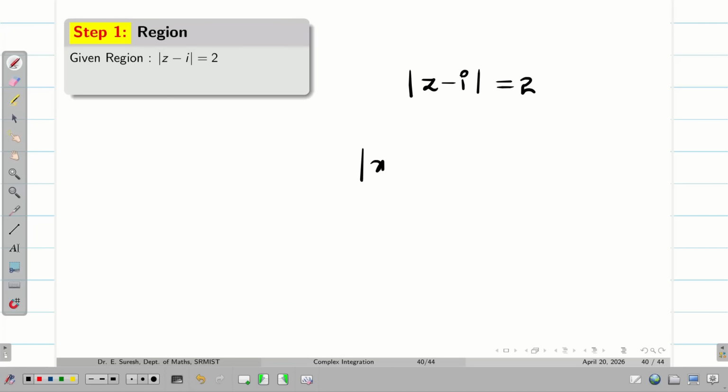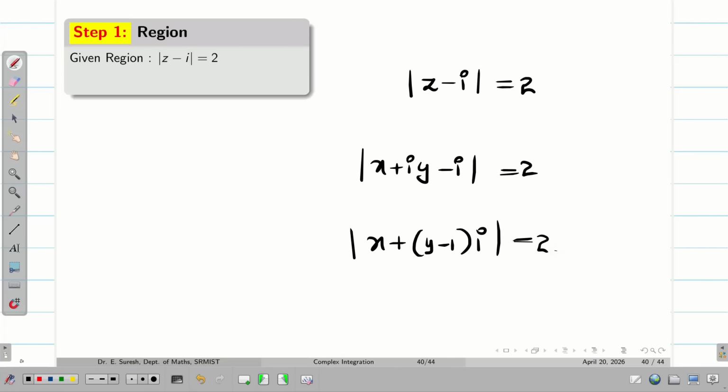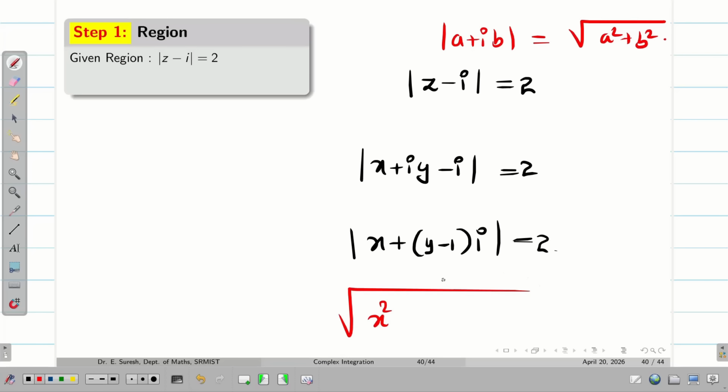We know that z is x plus iy. Rearranging the terms, we get x plus y minus 1 into I is equal to 2. Modulus of a plus ib is equal to square root of a square plus b square. Therefore, we can rewrite this as square root of x square plus y minus 1 whole square is equal to 2.